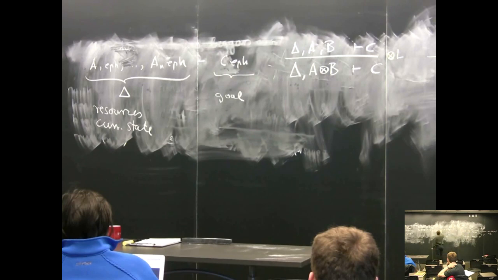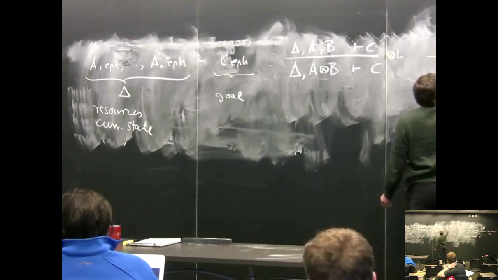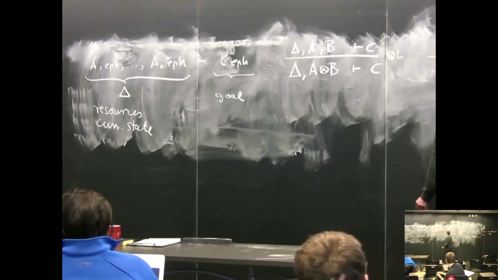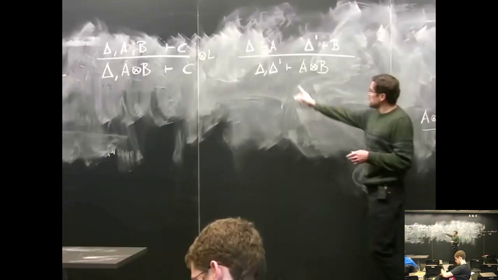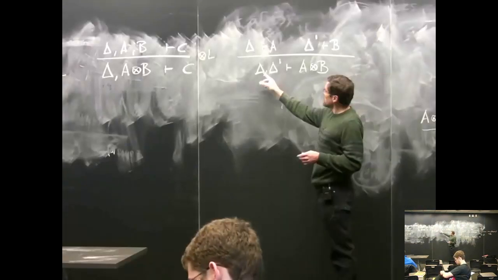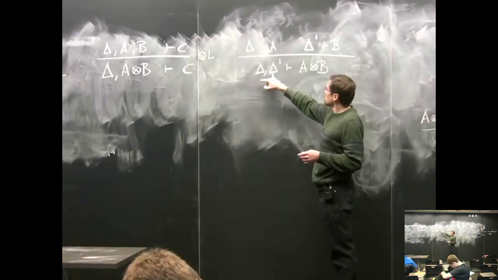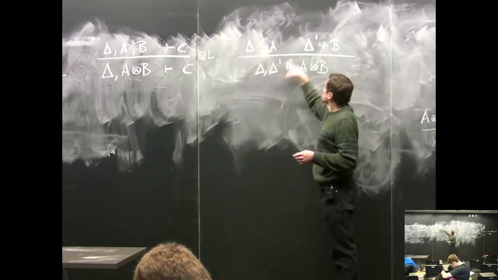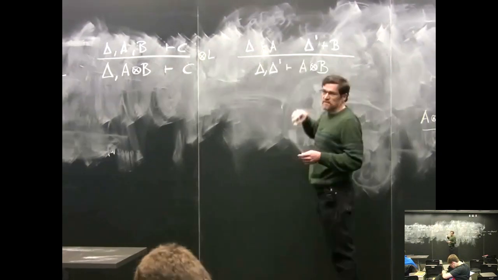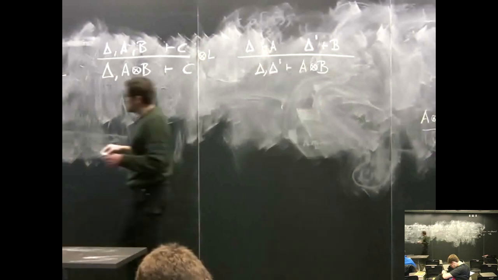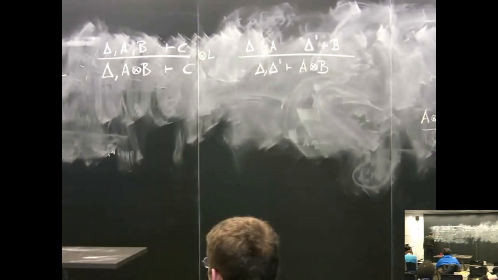So the way I'm going to write that is like this: delta prime, and I use delta over here, delta prime over here. And so one convention is that the order of these things never matters. So I can rearrange them to put some resources here and the remaining resources here, and then split them up and use those to prove A and those to prove B. Resources, order is irrelevant.